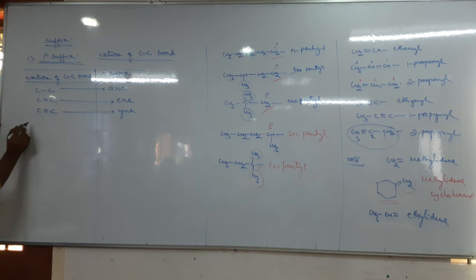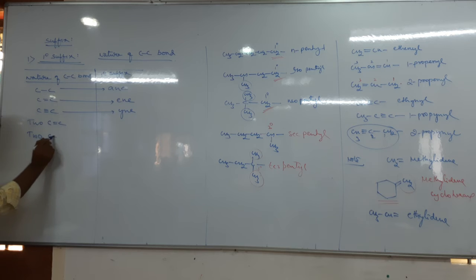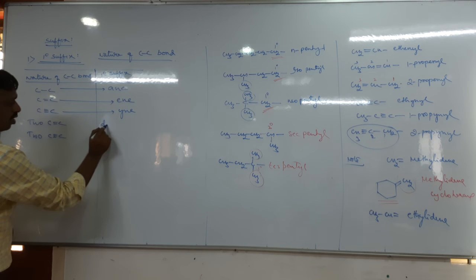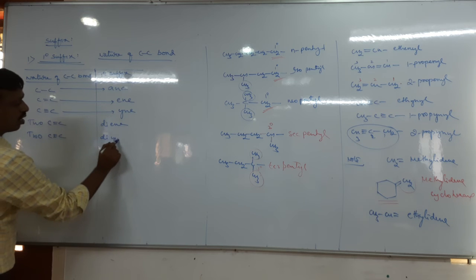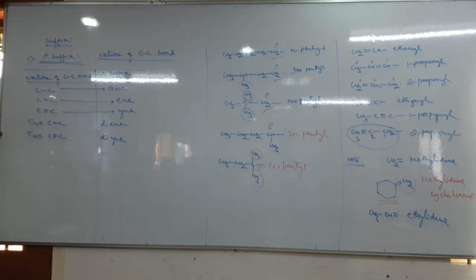But if there are two double bonds, two triple bonds, it is diene, diene, triene, tetraene. But important: if one carbon-carbon double bond is there and one carbon-carbon triple bond is there, what is this?